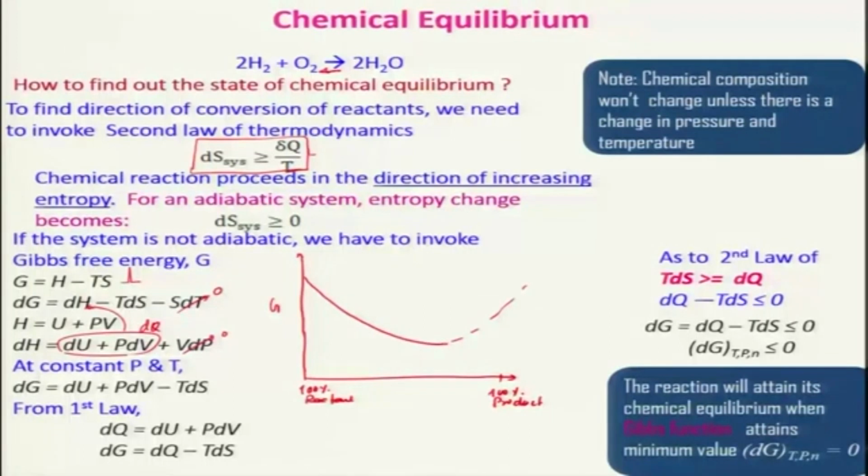This is the minimum point, and that is basically the equilibrium composition, and at this point dG is equal to 0, and this side dG is less than 0, and this side dG is greater than 0. So this is the equilibrium composition that I will be getting, that means a certain amount of reactant and a certain amount of product. You can see from here the more amount of products will be at this point, and that we need to find out.